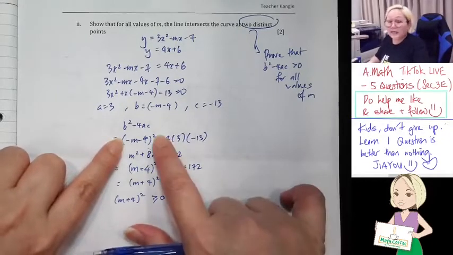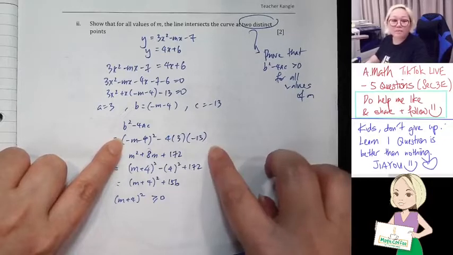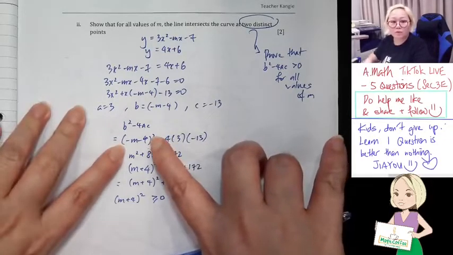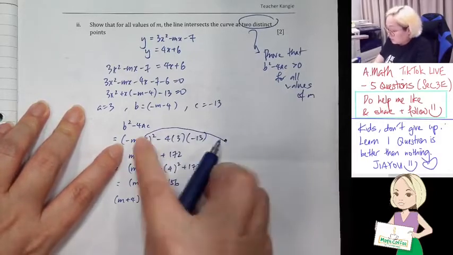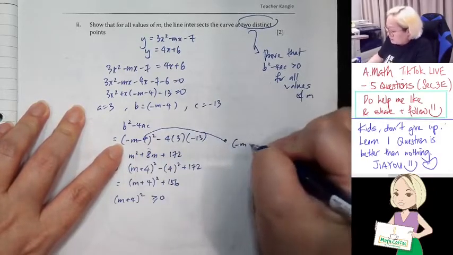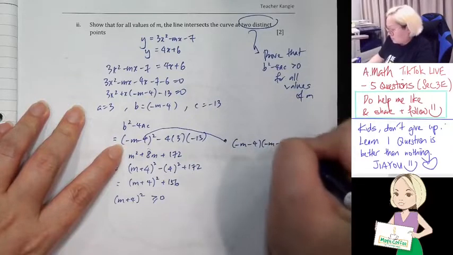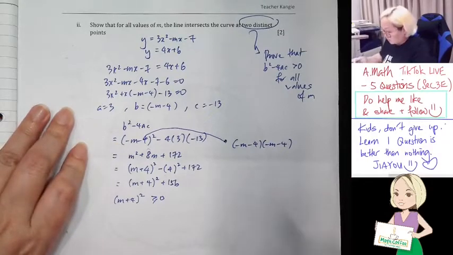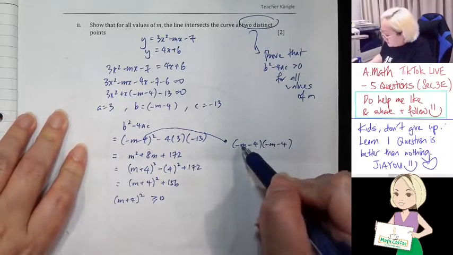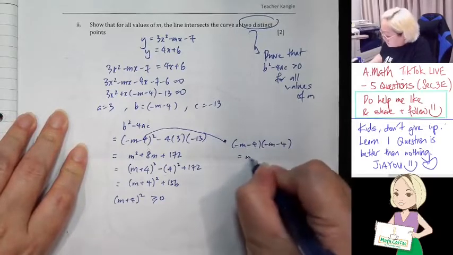No, my expansion I skip because this is AMath already, so I'm expecting that you know how to do the rainbow. Okay? But never mind. Let me just do the rainbow here for this bracket. Minus m minus 4, I will put this way. I will write out two brackets so it's easier. So you just do minus m times minus m, I get m squared.